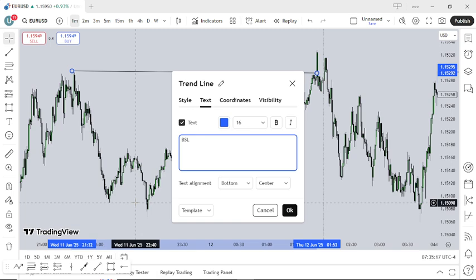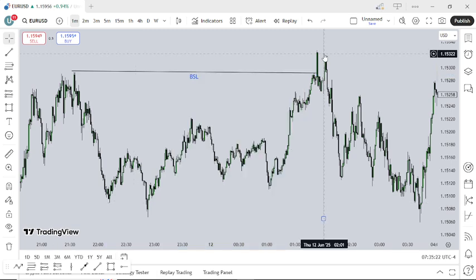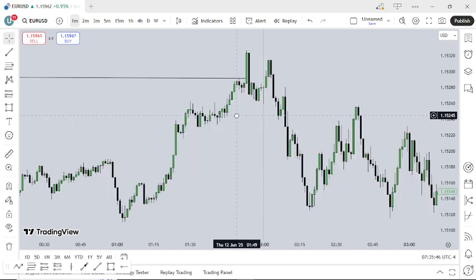This was around 1:55 a.m. New York time. So price took out this buy side liquidity, and then as soon as the session opened, we saw price give us a break of structure, like a market structure shift from this point here.